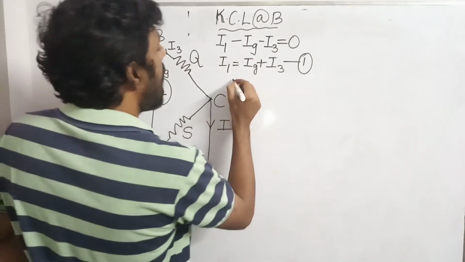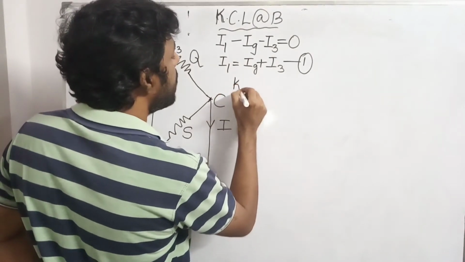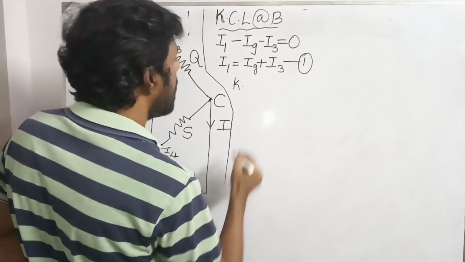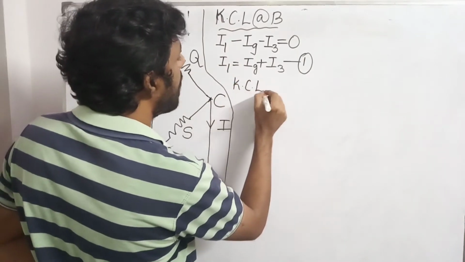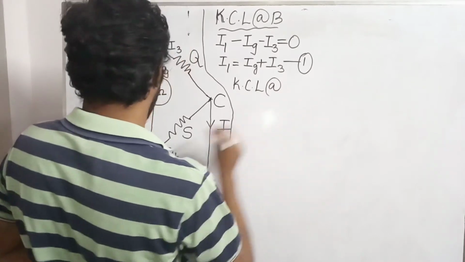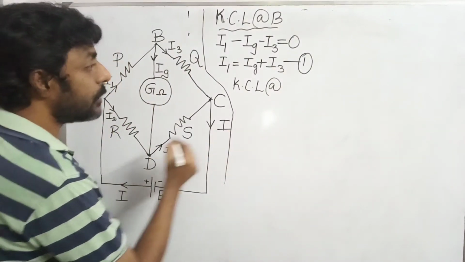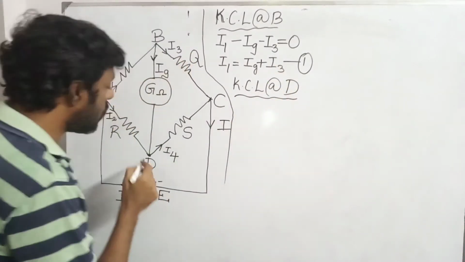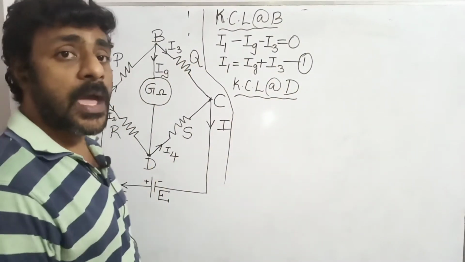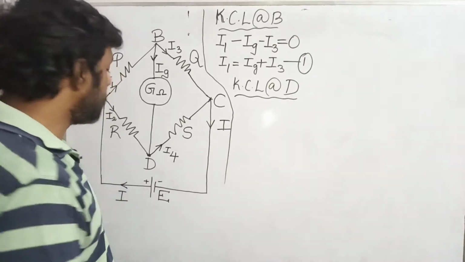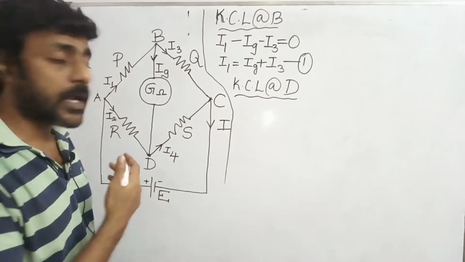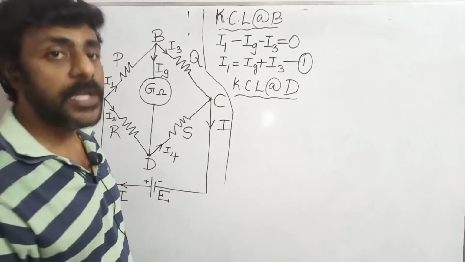Now again I am going to apply KCL at junction D. If I am applying KCL at junction D, the current that is entering into the junction will be considered as positive, and the current which is leaving out of the junction is considered to be negative.